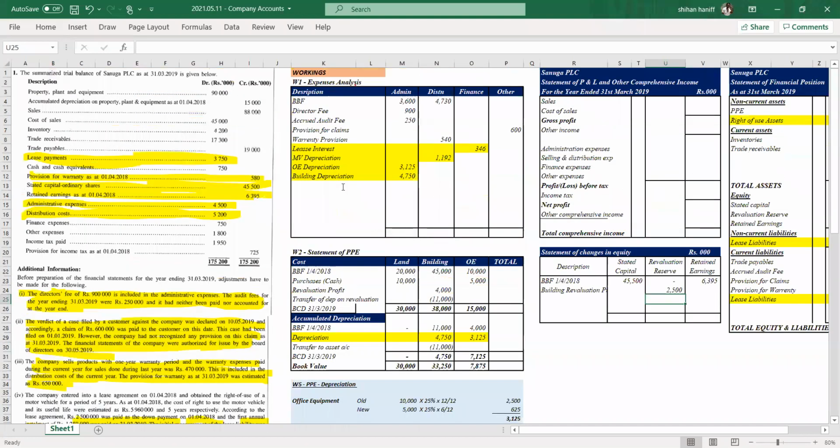And reversal of building revaluation loss, set it off. The expense minus 1,500.